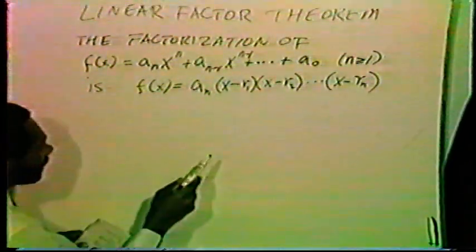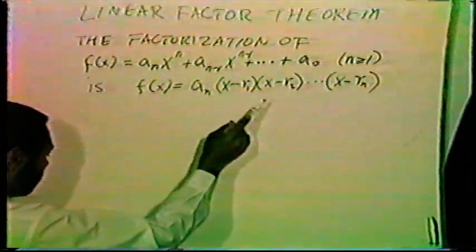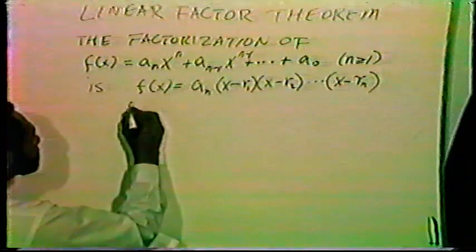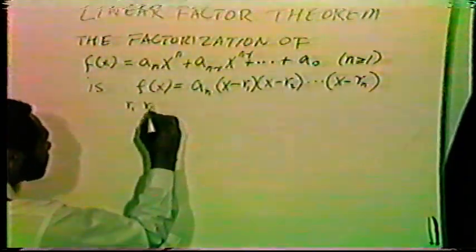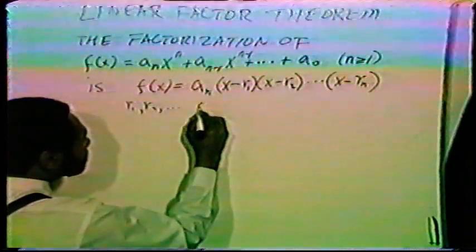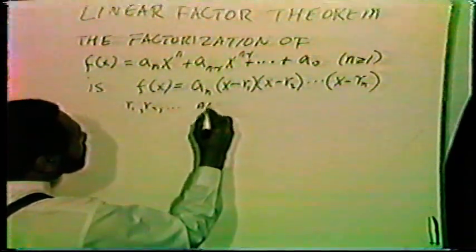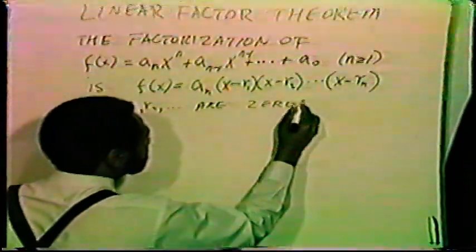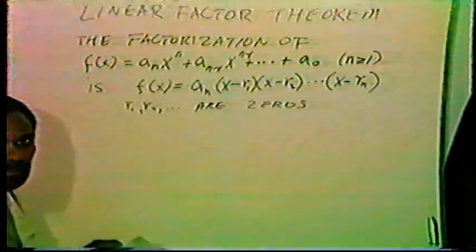And then the r sub 1, r sub 2, r sub 3, these are the zeros, or the roots. So r sub 1, r sub 2, dot dot dot, are the zeros of the polynomial.